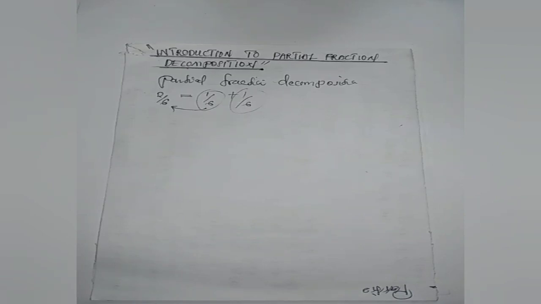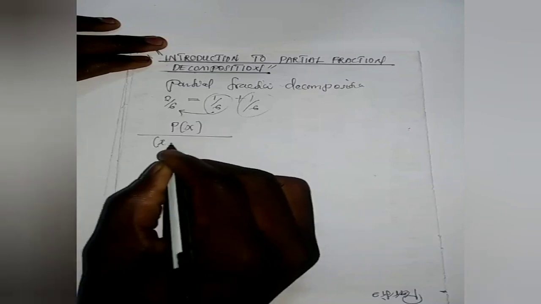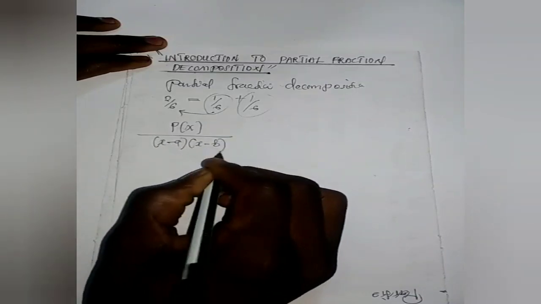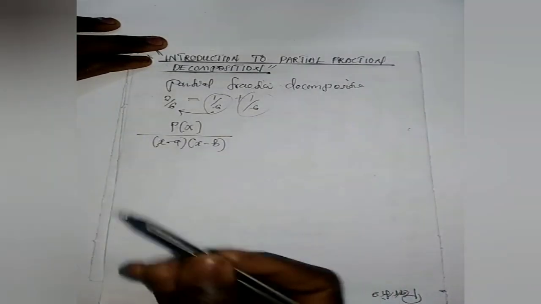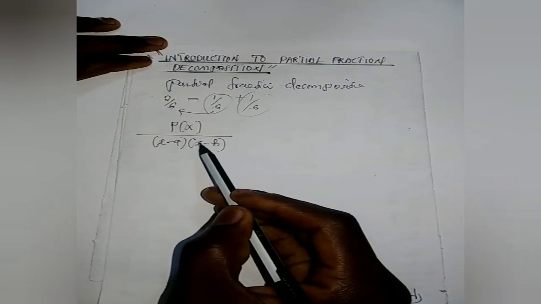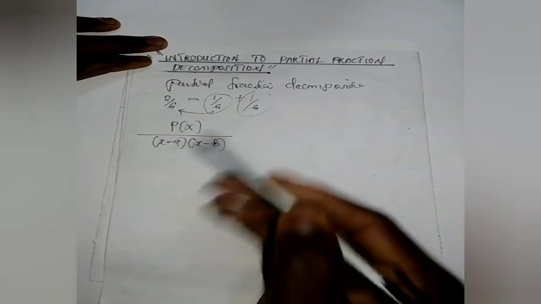For example, p(x) over (x minus a)(x minus b). This is an algebraic fraction. So a partial fraction of this algebraic fraction would mean breaking this fraction into its separate parts.